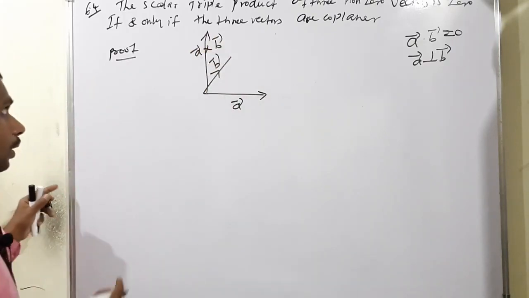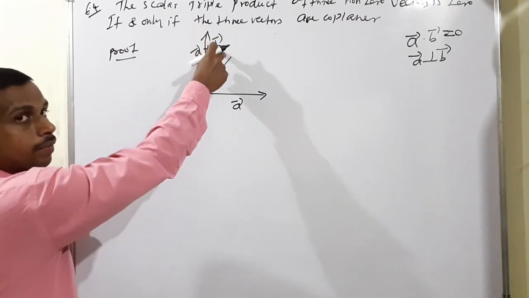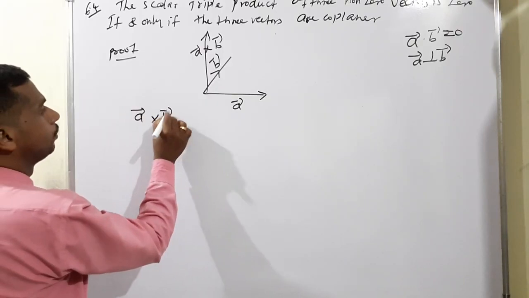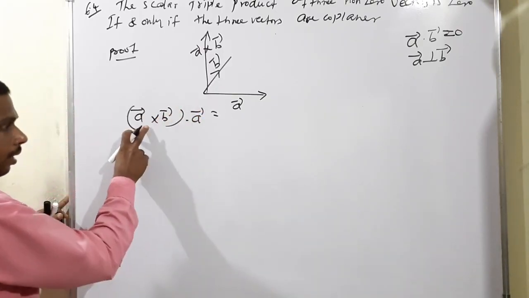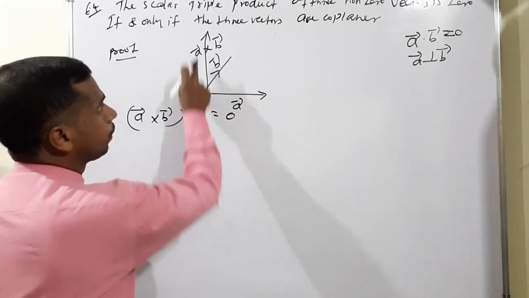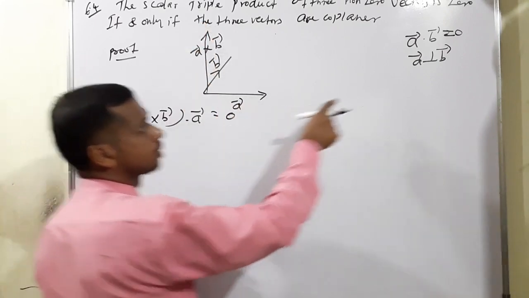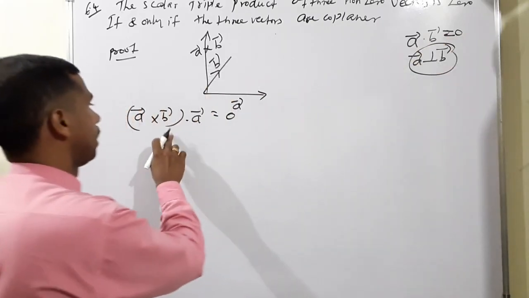So A vector cross B vector dot A vector. What did I say? Any dot product equal to 0 means the lines are perpendicular. So this is perpendicular to A vector, which means we can write it is equal to 0.